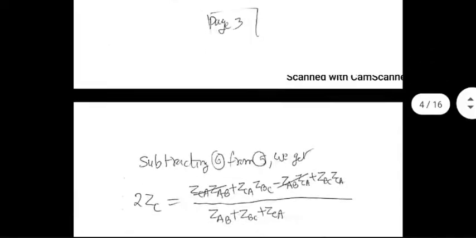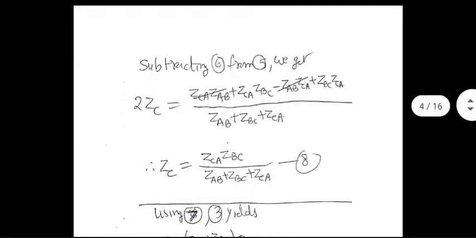In the ZA formula, the numerator has those two impedances multiplied which have A in common on the delta side. This is the logic people use to remember the formula. Similarly, for ZC, the two impedances that are being multiplied in the numerator have C common.